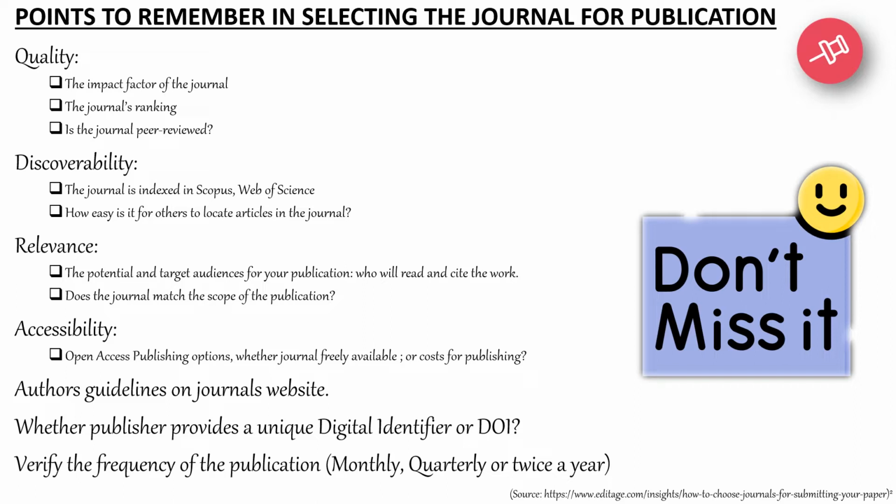Next is whether the publisher provides a unique digital identifier or DOI. This is the identification number given to the article you try to submit to any of the journals. This number is an identification number for your article.